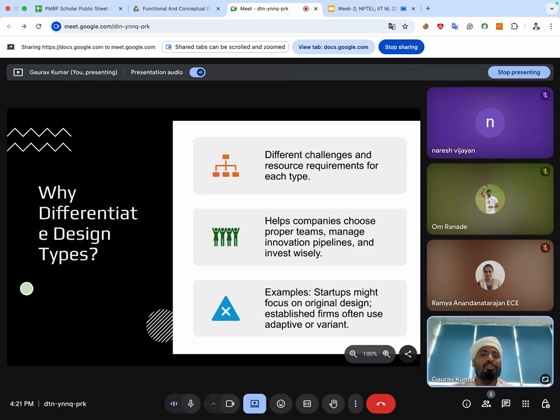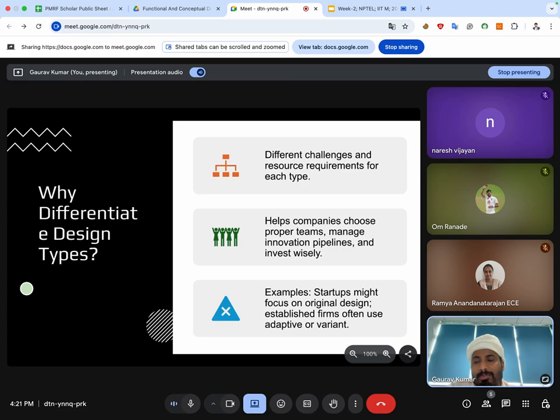Each type of design demands different budget, timeline, and team skill sets. Original design is R&D, prototype, and testing. And the next, variant design might only need graphic designers and a marketing team.